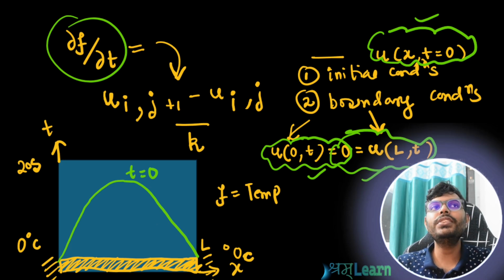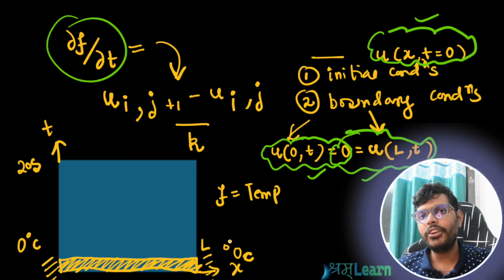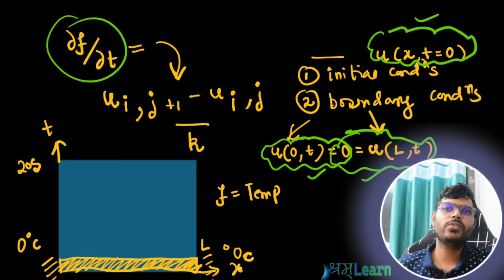So this is confusing, so I will erase it, because we have to plot it in 3 dimensions, right? 2 dimensions are already occupied, so where can I plot u or f? I cannot plot them anywhere, because the x-axis is my position and the y-axis is my time, sorry.